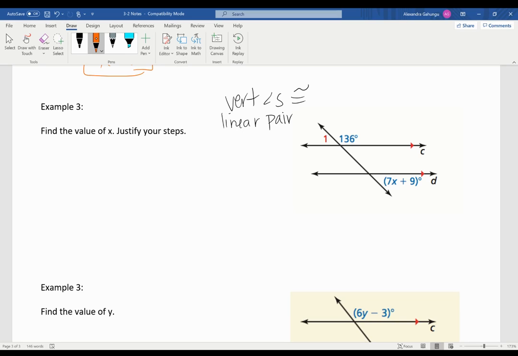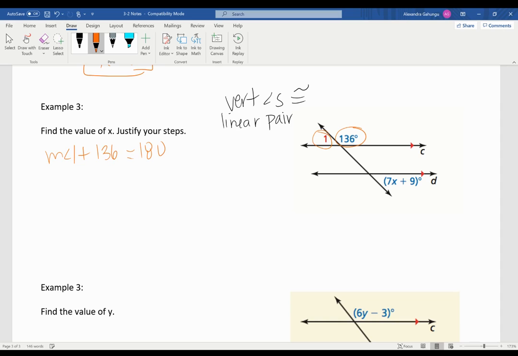I can start off with a number of ways. I could go 1 and 136. Those are a linear pair, so they should add up to 180.